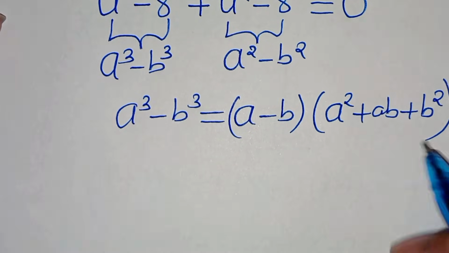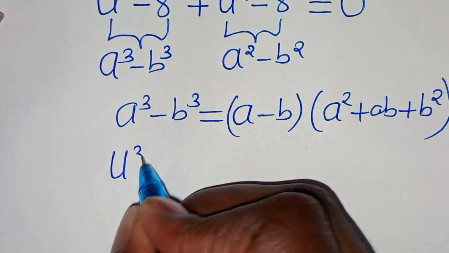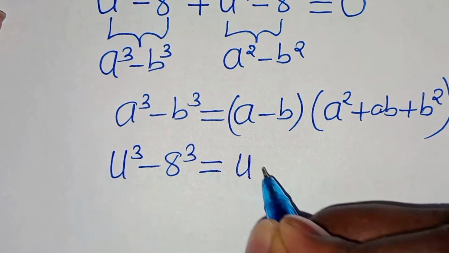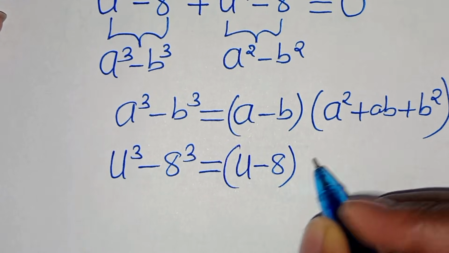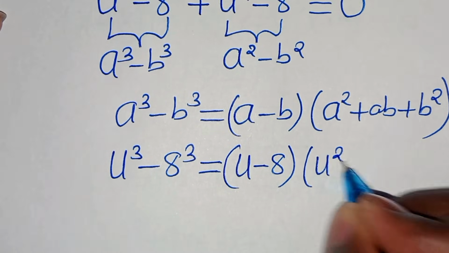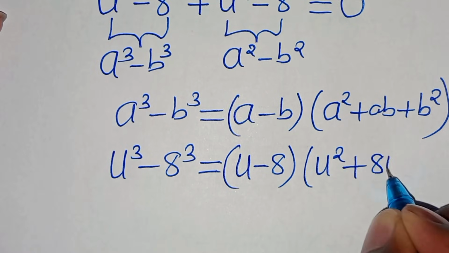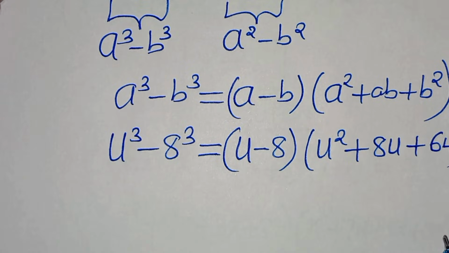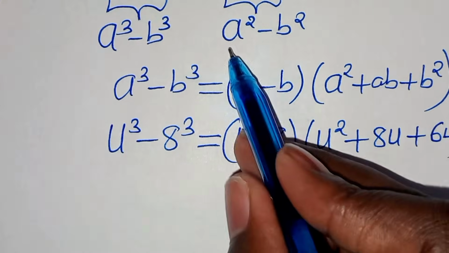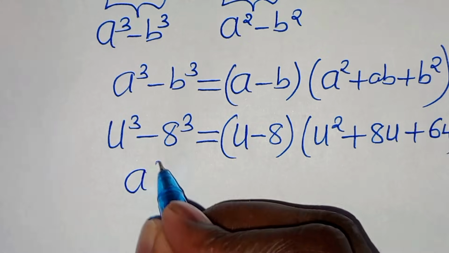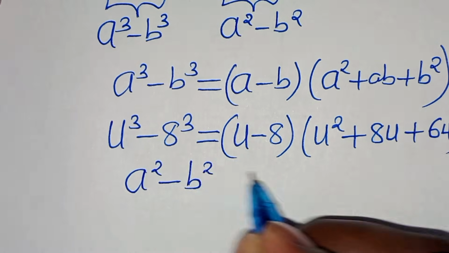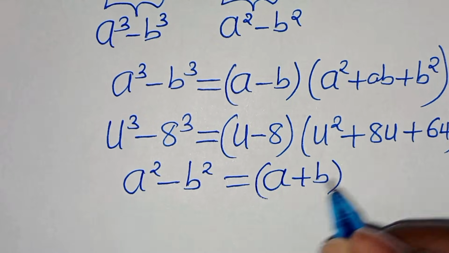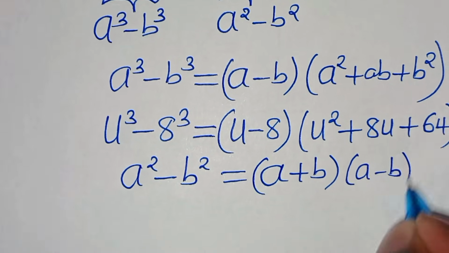Applying this identity, then u to the power of 3 minus 8 to the power of 3 is equal to u minus 8, then here we have u squared plus 8u, then plus 8 squared, which is equal to 64. Now, the second part here, this is the difference of two perfect squares, which is a squared minus b squared, that we can express as a plus b multiplied by a minus b.